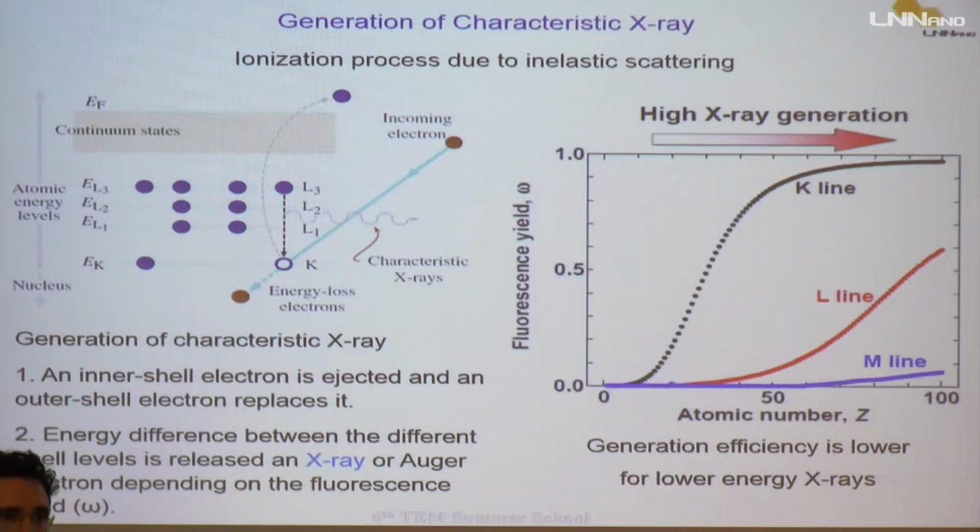It will be ionized, and then the atom will decay to stabilize this ionization, and will emit X-ray photons that are element specific. All the elements will have specific amounts of energy that are related with these specific transitions.